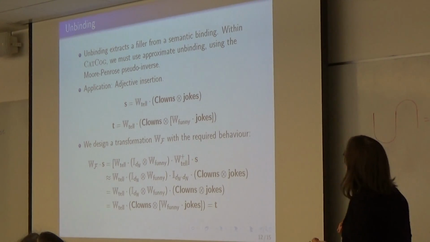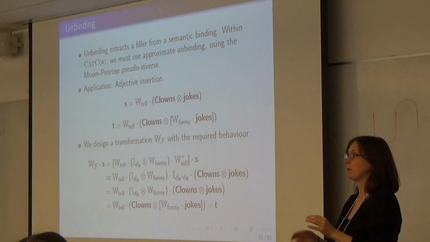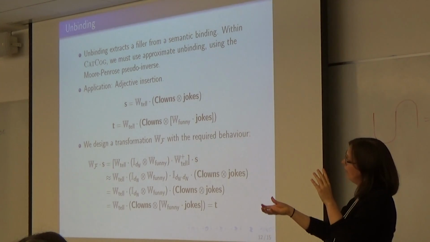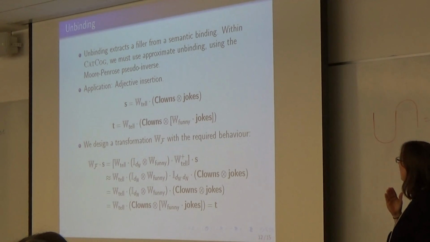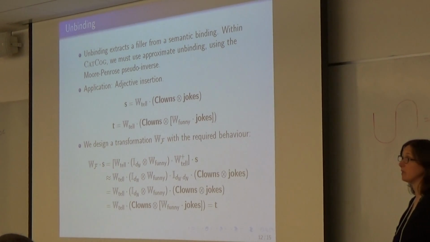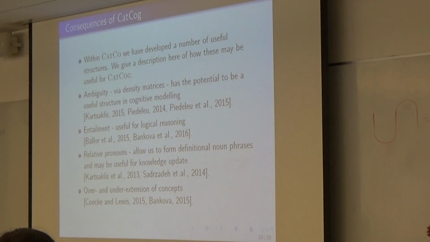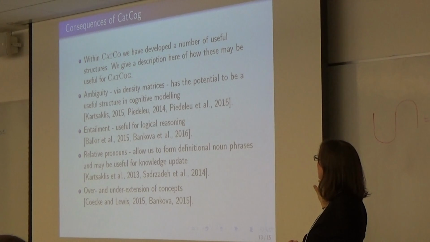One thing we need to do with this is to show how fillers can be unbound from roles, because roles provide a structure. You might want to unbind a filler from the role and move it to another place in the structure. We need to use some sort of approximate notion of unbinding, which we can do. Within categorical compositional distributional semantics, there are a number of useful structures.